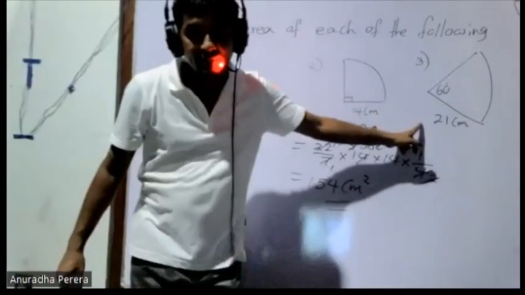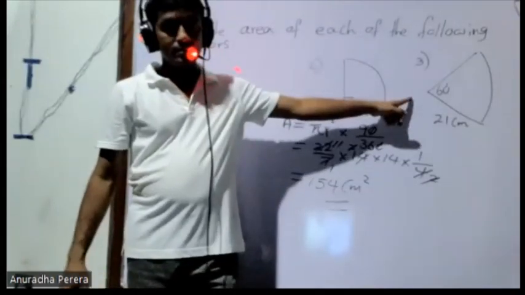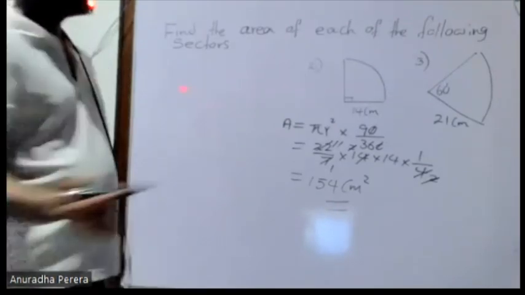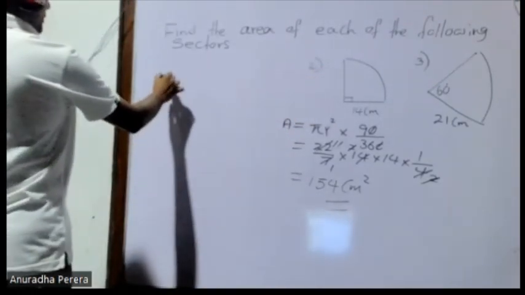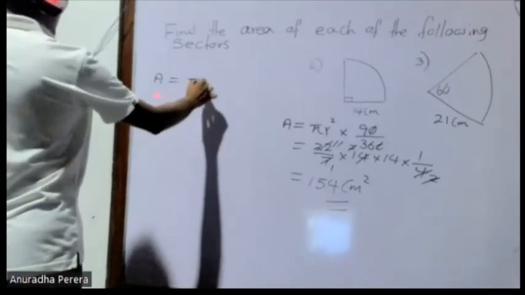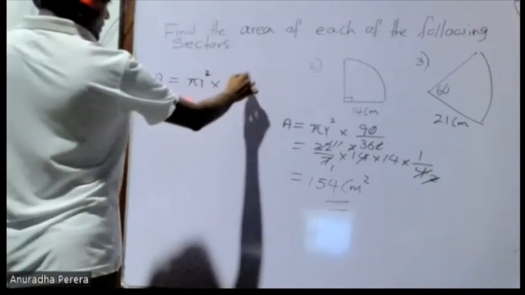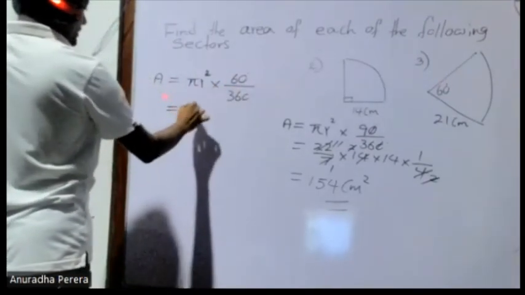What is the answer, son? 231 square centimeters. 231, right. I will do it here. Area equals pi r squared into 60 over 360. 22 over 7.